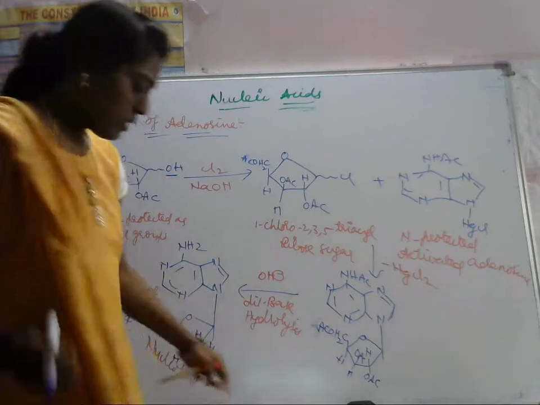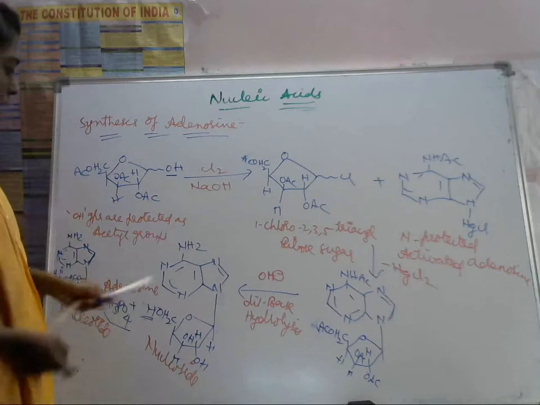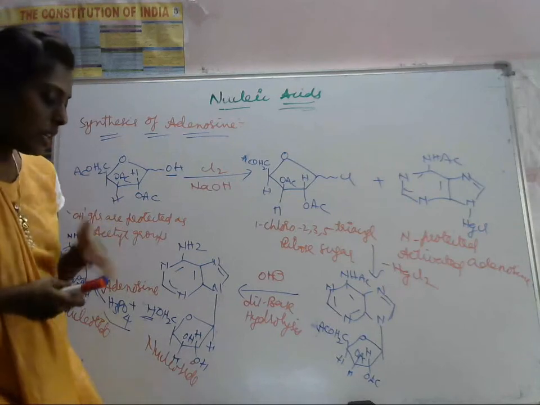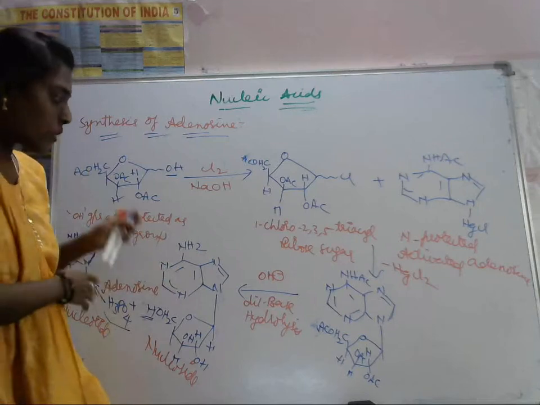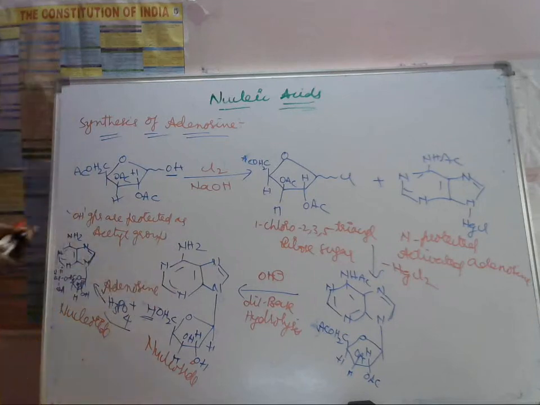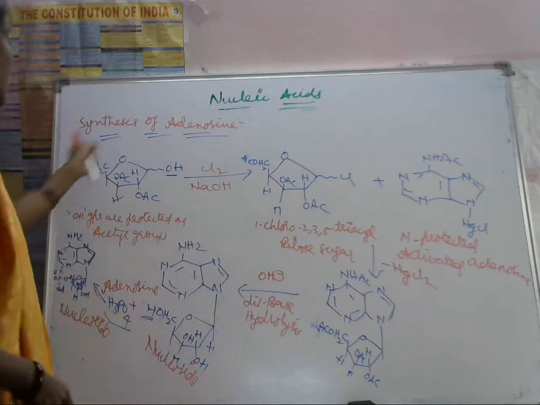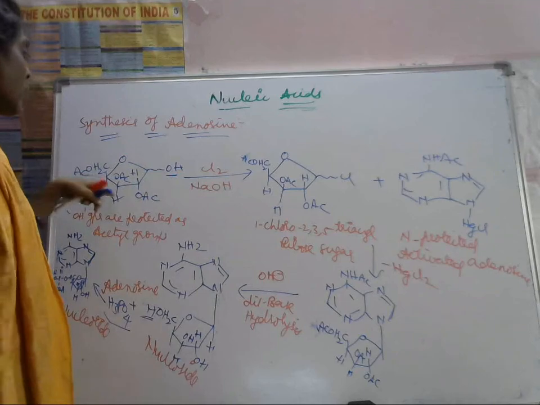Let's see the retrosynthesis of adenylate acid. Actually this nucleotide is called adenylate acid. In retrosynthesis, the reverse takes place. First we take the protected ribose sugar.